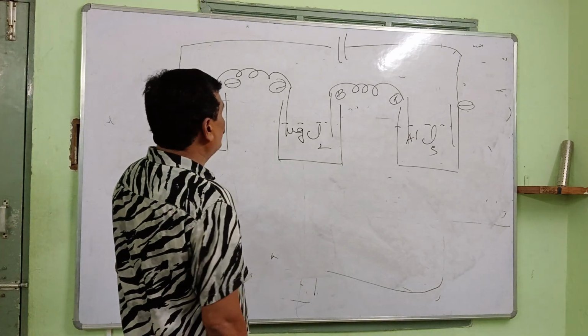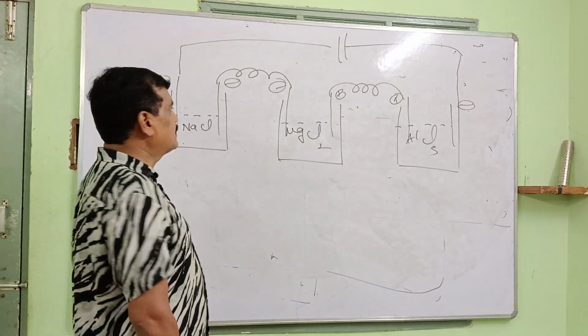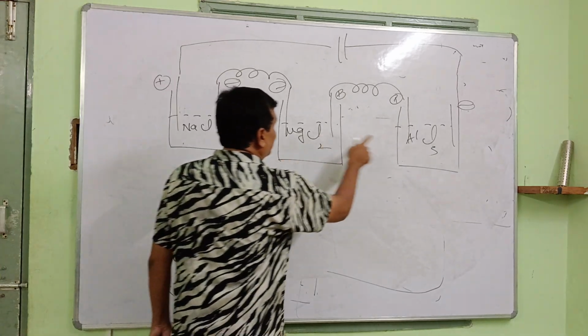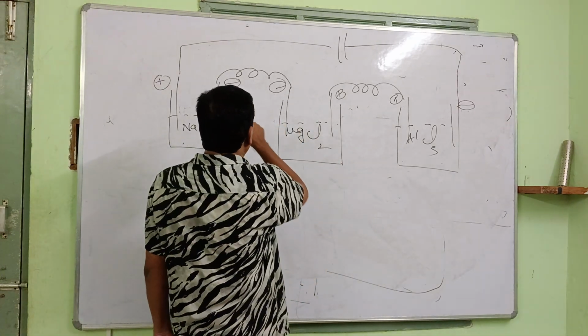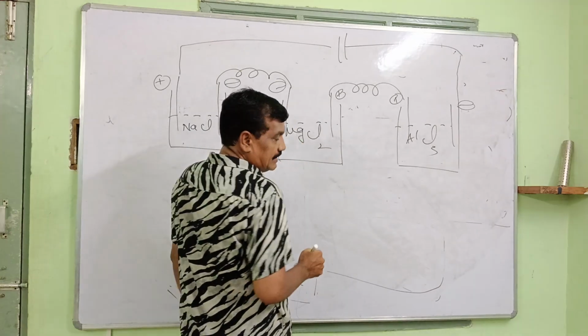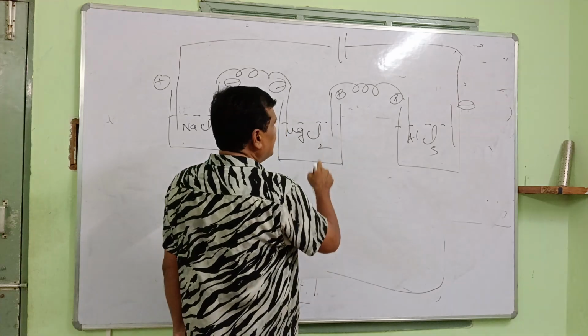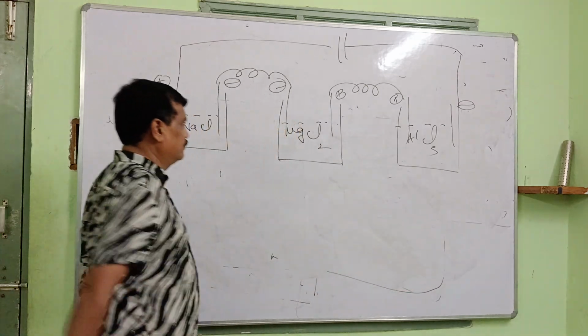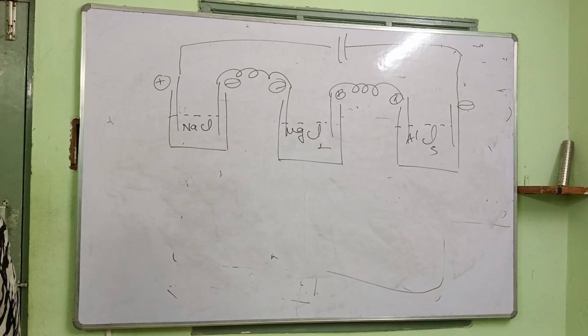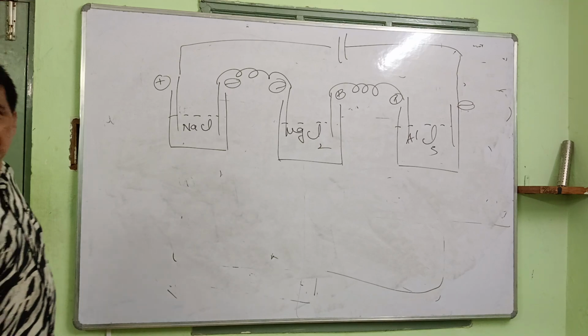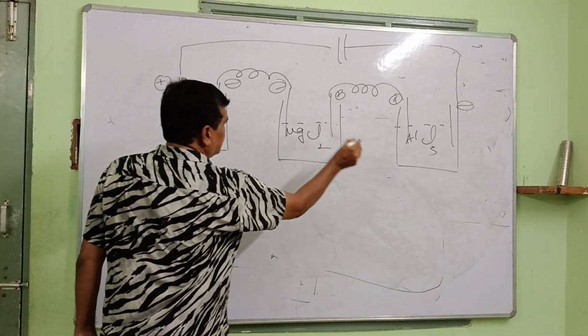If the same quantity of electricity passes through 3 different electrolytes which are connected in series, the amounts of substance deposited at the electrodes are in the ratio of their equivalent weights.